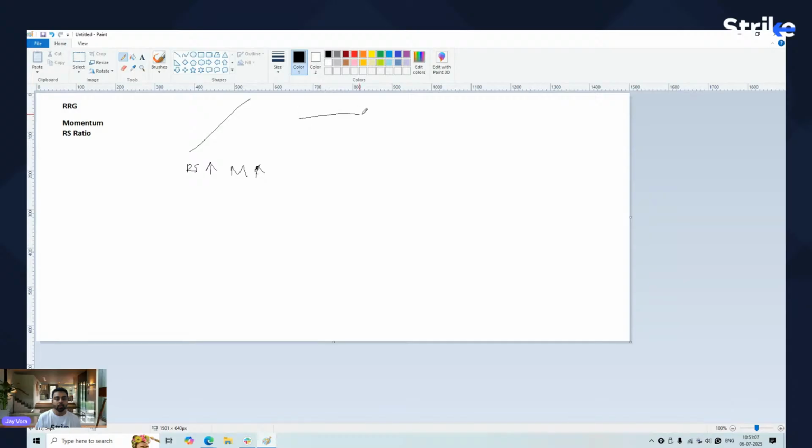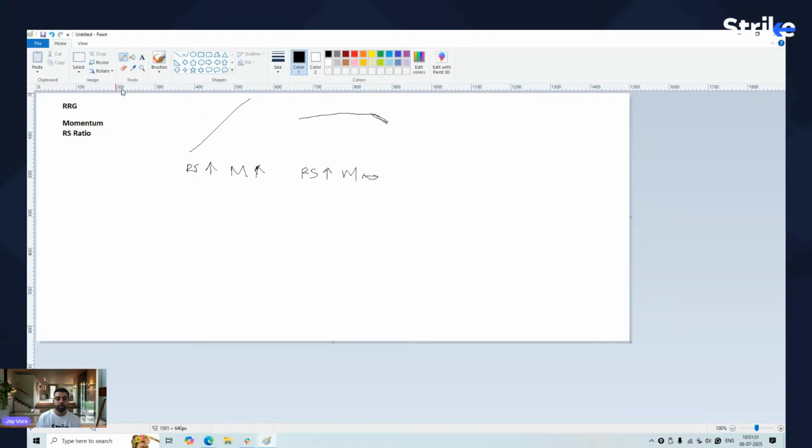Now, then you will see this type of move, okay, which means RS is increasing, momentum is sort of unchanged or going down. Okay, think of it this way actually, something like this.